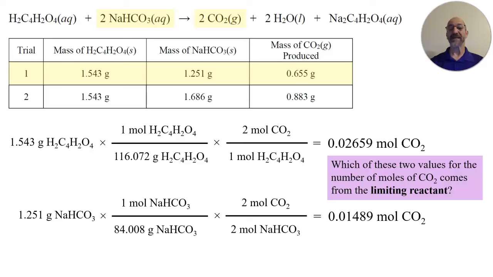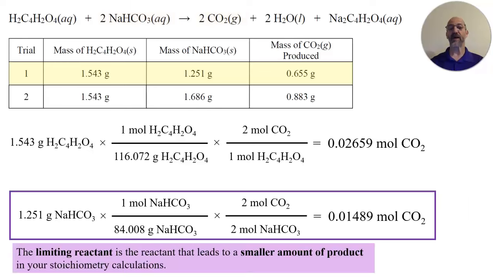And so because we can see that 0.01489 moles of CO2 is less than 0.02659 moles of CO2, we have identified the limiting reactant as sodium bicarbonate. So why is sodium bicarbonate the limiting reactant? Because it leads to a smaller amount of product in your stoichiometry calculations. So we're going to set ourselves up to disagree with the student's claim.